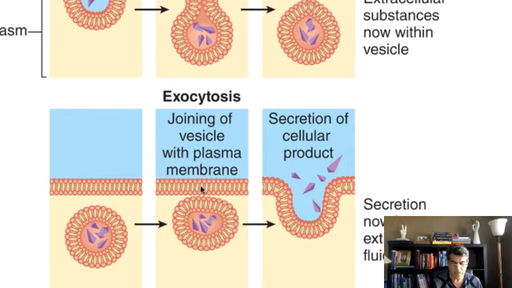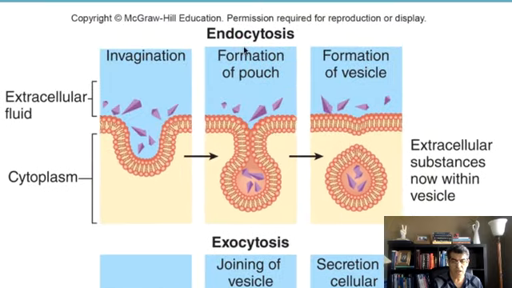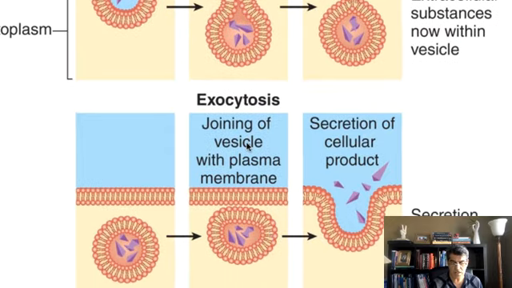The vesicle is going to come and fuse to the cell membrane, become part of the cell membrane. Now this product is out. That is called exocytosis. The previous one is called endocytosis. Endo, inside, exo, outside. If you bring inside, it's called endocytosis. If you send outside, it's called exocytosis.